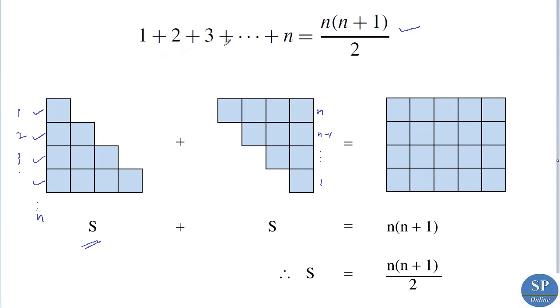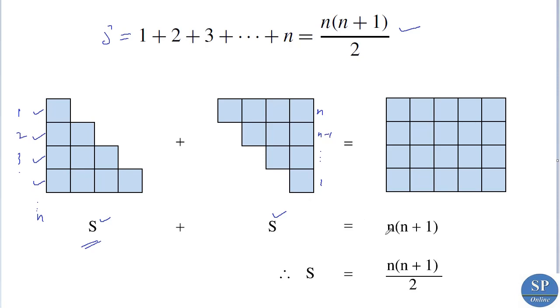Let the sum 1 plus 2 plus 3 plus etc. up to n be s. So the sum of these rectangles is s, and here also the sum is the same s. Adding these we get 2s is equal to n into n plus 1, because we have n here and n there, so adding gives n plus 1 into n.